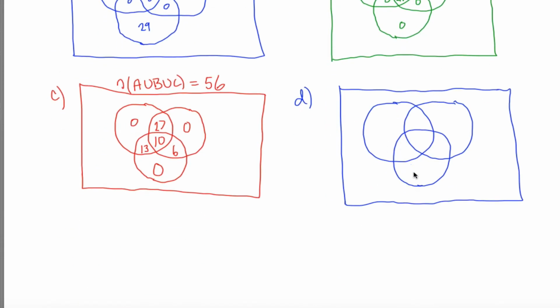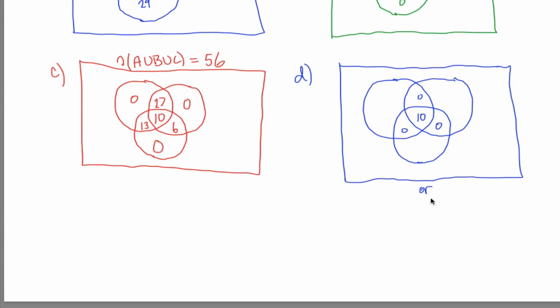Well, if you think about the maximum choices, I could either throw 10 here in the middle of all three, and then I'd have 10 in each of the intersections, or I could put 0 there and 10 here, here, and here. So it's one of those two choices.